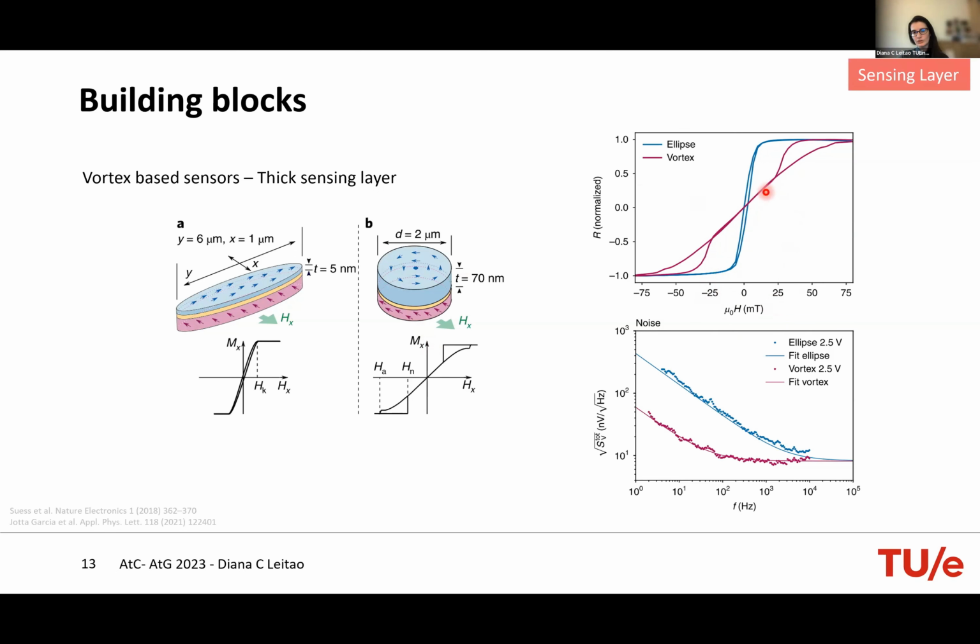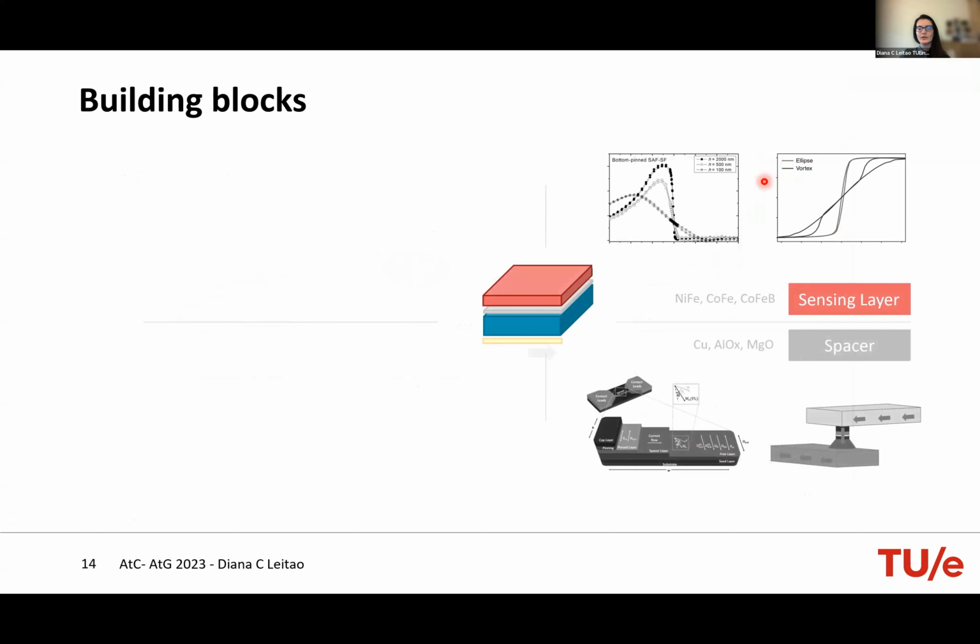Of course, we are losing in terms of sensitivity, but it's always a trade-off and always depends on what application you are targeting. So this was a quick overview on the types of materials that we can have on the sensing layer.